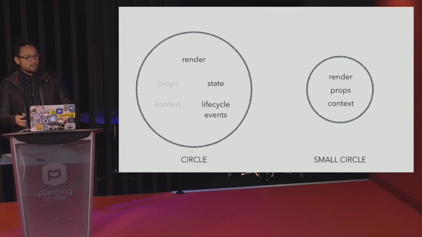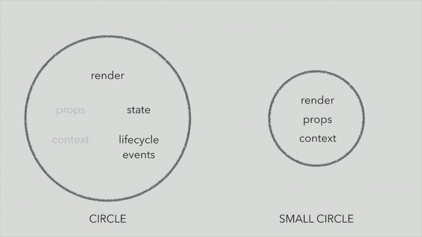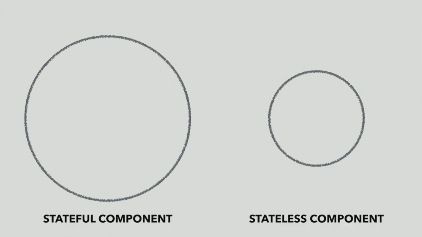The circle is one that's totally capable of using all of the API, but it only uses the stateful parts, state and lifecycle events. And the small circle just uses render, props, and context. So one way to think of these is that the circle is a stateful component, and the small circle is a stateless component because it doesn't use any of the state APIs.